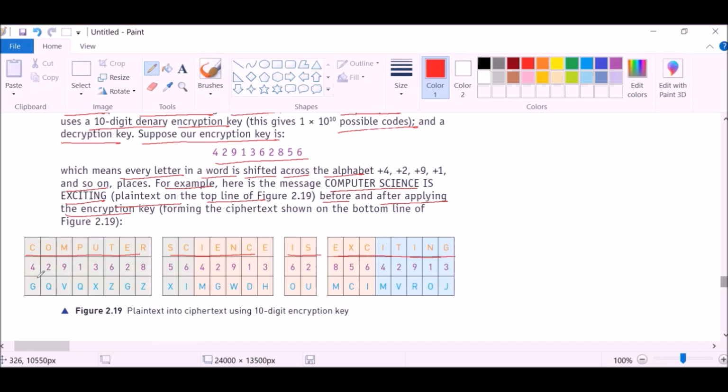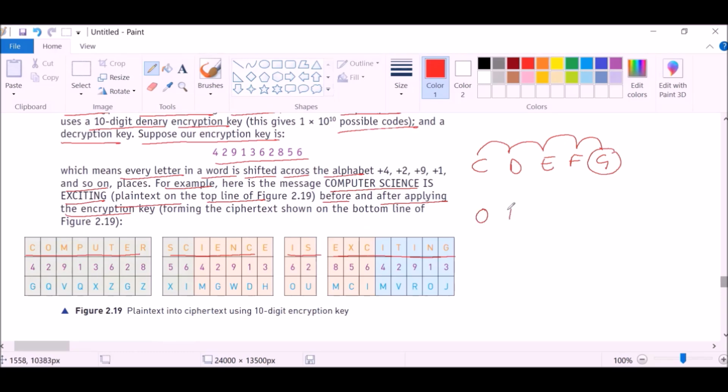Now we use this encryption key to shift the letters. C is shifted 4 times, so we have C, D, E, F, G. In the alphabet, we shift it 1, 2, 3, 4 times. So C will be represented by G.